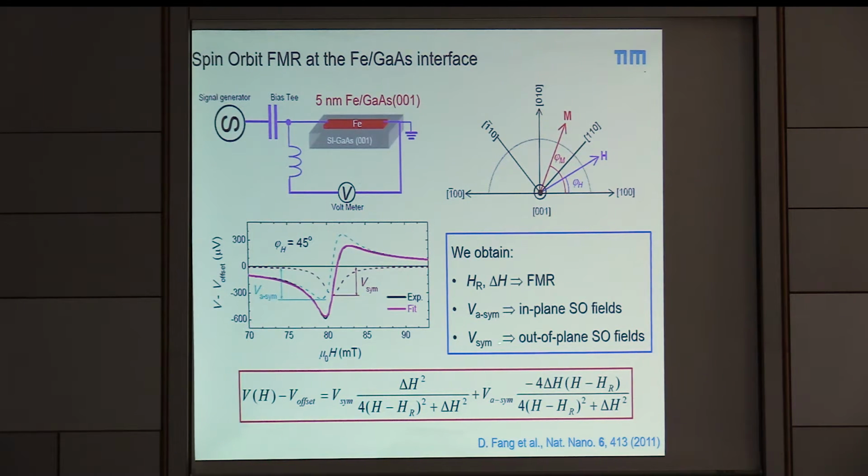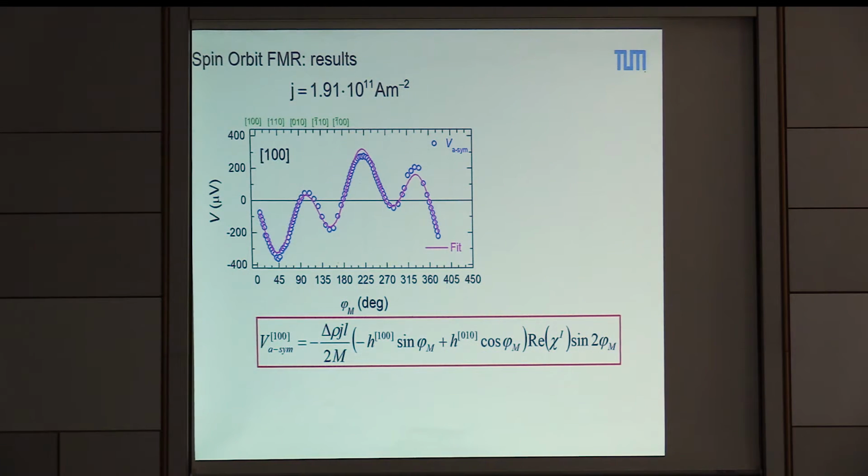But from this asymmetric part, we get the in-plane spin-orbit fields, and from the symmetric one, we actually get the out-of-plane spin-orbit fields. So if you do such a scan as a function of phi_M, so we already calculated the magnetization angle from the field angle using the susceptibility, then you see the voltage does such a dependence as a function of angle, and here I plotted the crystallographic directions, and this is shown for this current density here.